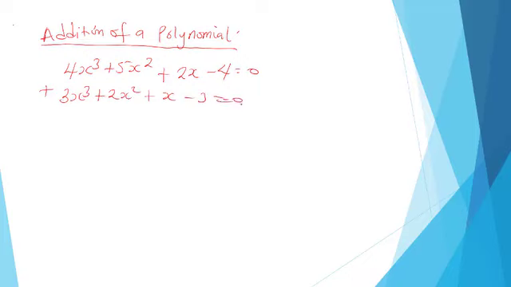what we need to take into consideration is you put a line and you add 4x3 plus 3x3 is 7x3. You only add terms with the same power of x. If there is 2x3 here, you can add it to 4x3.